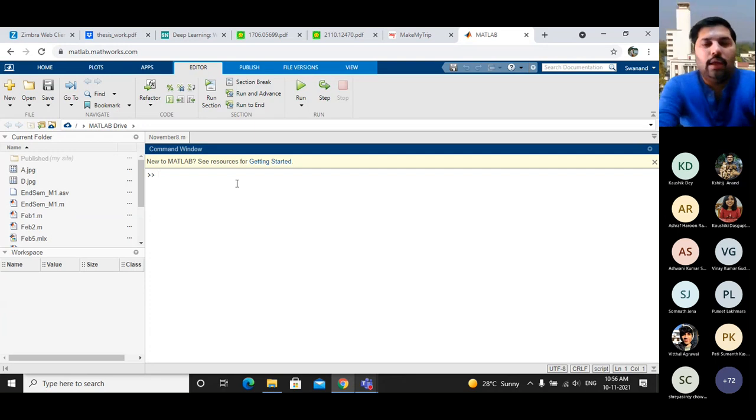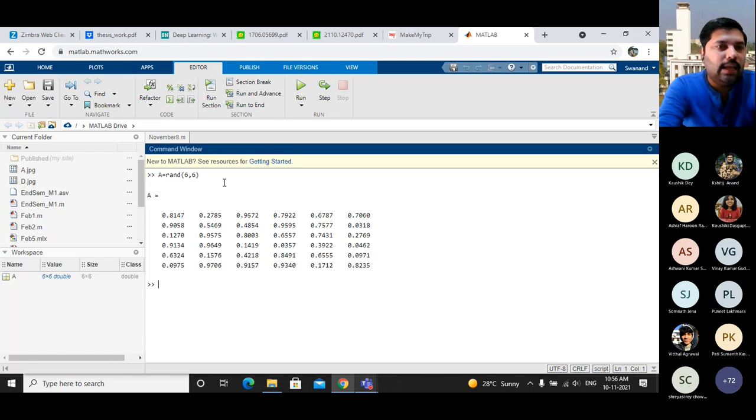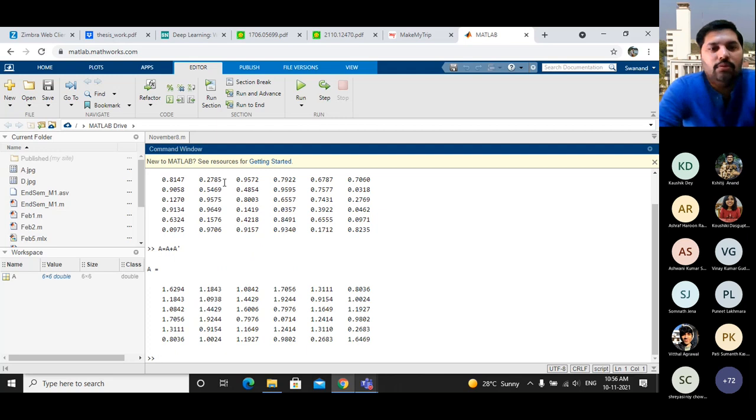So I'll randomly generate a 6 by 6 matrix. This is the 6 by 6 random matrix I have generated. Now I will compute A plus A transpose. If I do A plus A transpose, you see I will get a symmetric matrix.